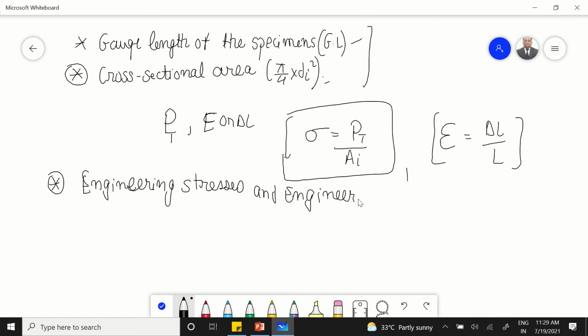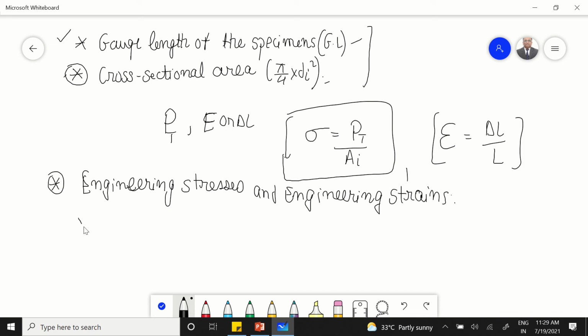Now the question here is, what do we mean by the terms engineering stress and engineering strain? These are nothing but the values of stresses and strains that we calculate on the basis of this initial measurement.